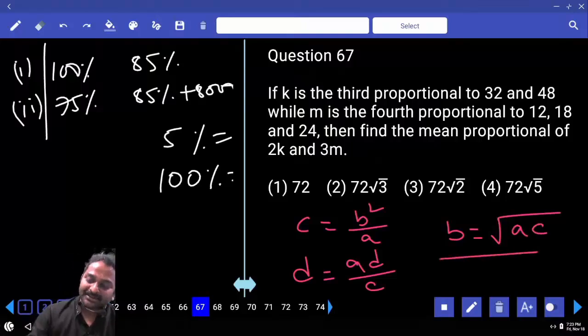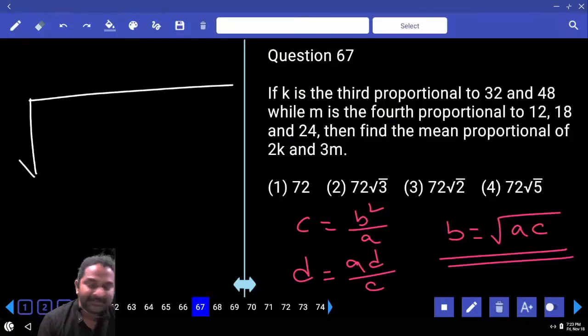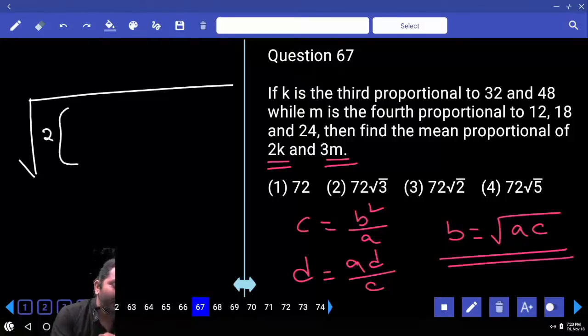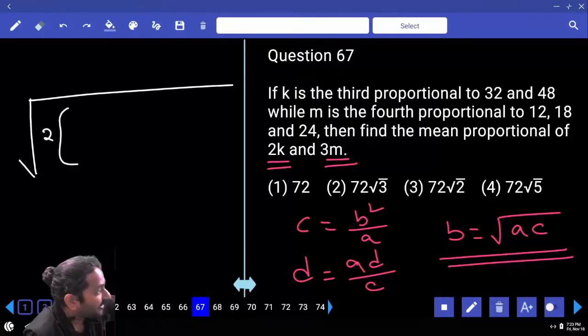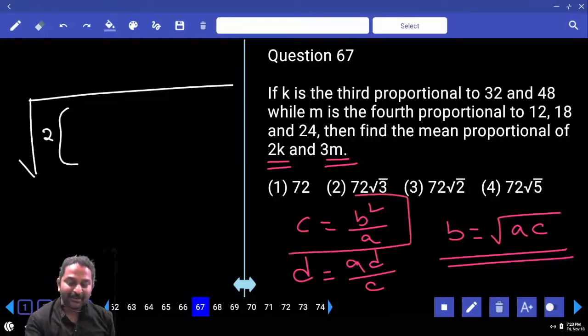Now finally we were asked to calculate mean proportional, so I will write under root of 2k and 3m, correct? 2k, 2 into k. What is k? Third proportional in the sense B square by A only.